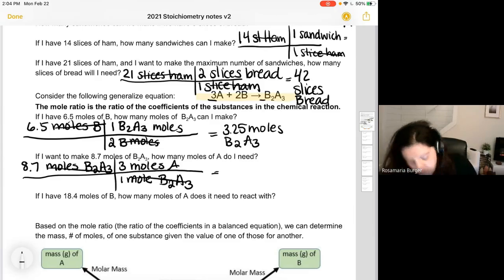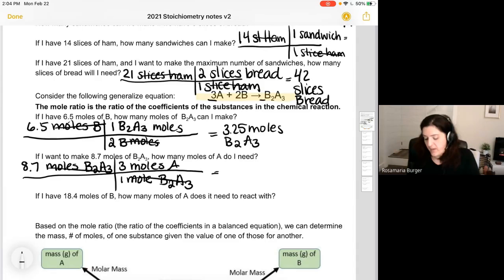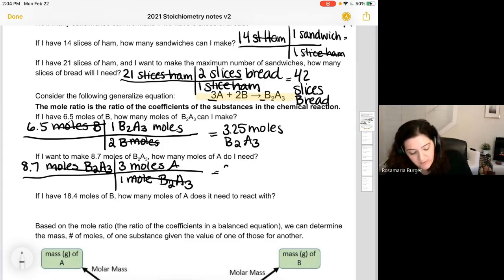So it'll be 8.7 times 3 is 26.1 moles of A.